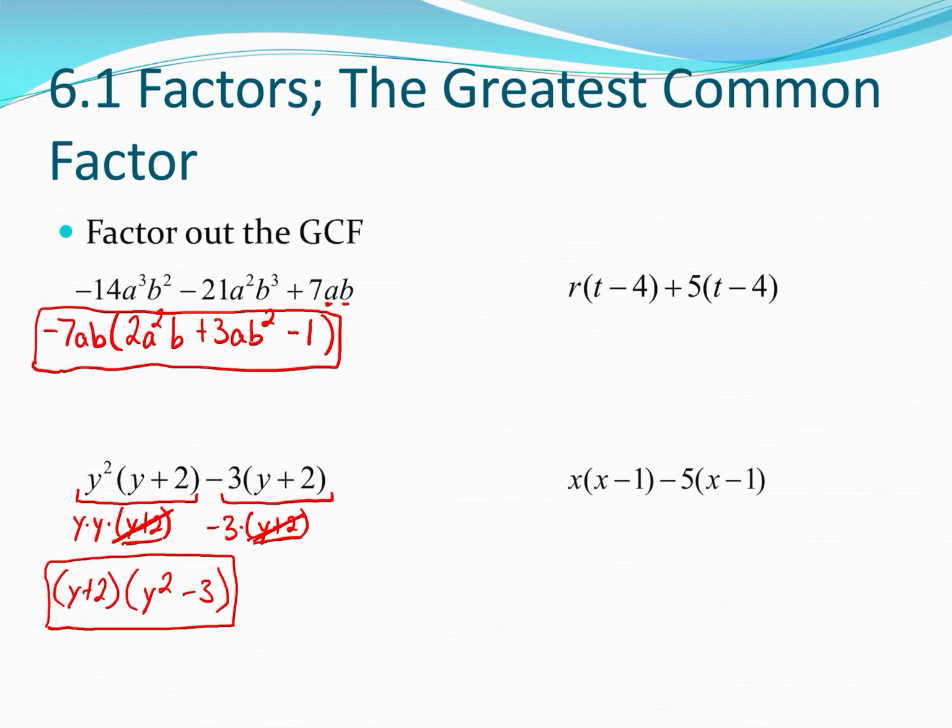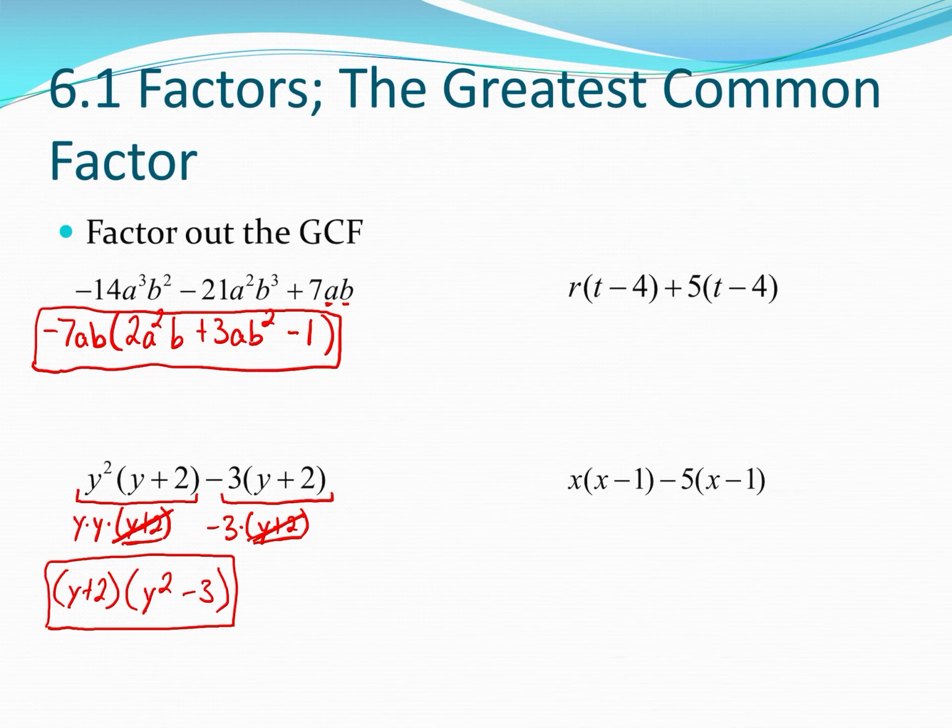Now, one of the things about factoring that's good is that you can always multiply your answers together to see if it gives you what you started with. So, for example, in the first problem here, if you want to take negative 7ab and distribute it, you would see that it gives you what you started with, that trinomial on the top.